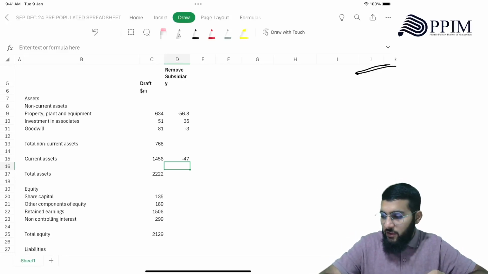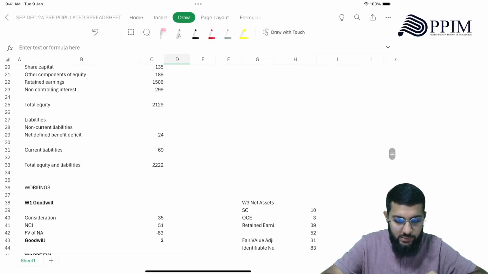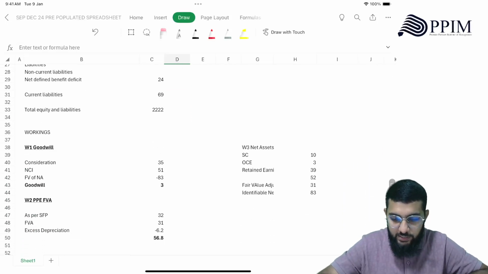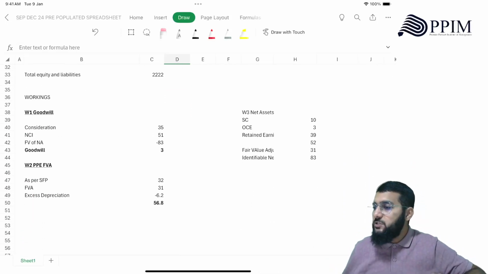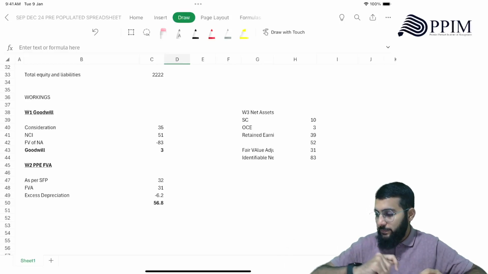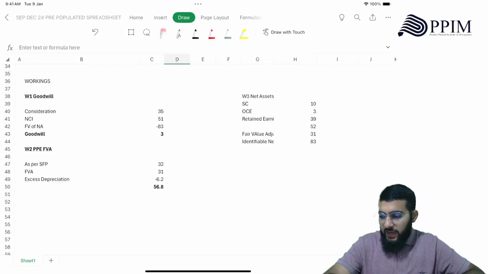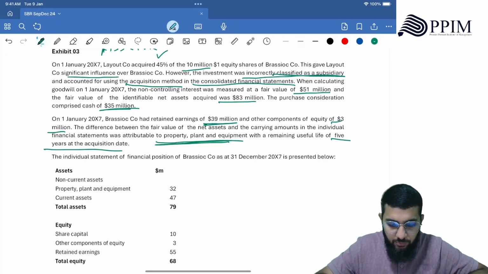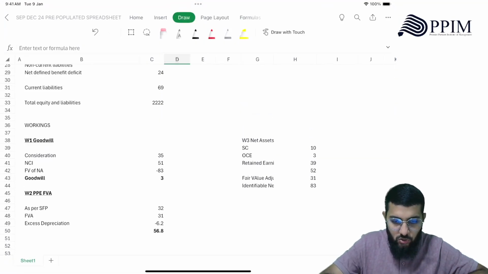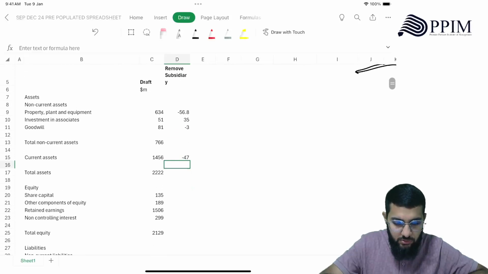And then we also would have the retained earnings, right? Retained earnings. Now we do the next working for retained earnings calculation. Okay, right. So how much was retained earnings at reporting date? Consolidated retained earnings at reporting date.